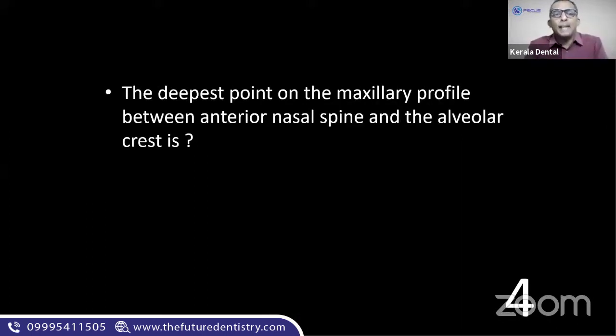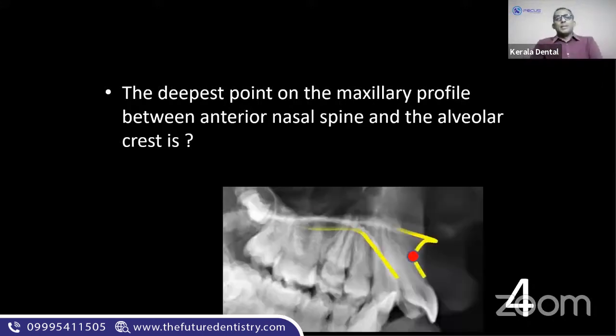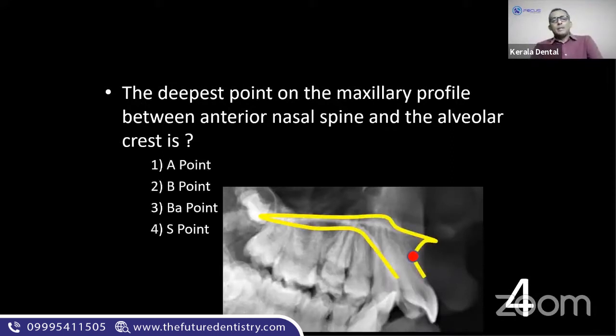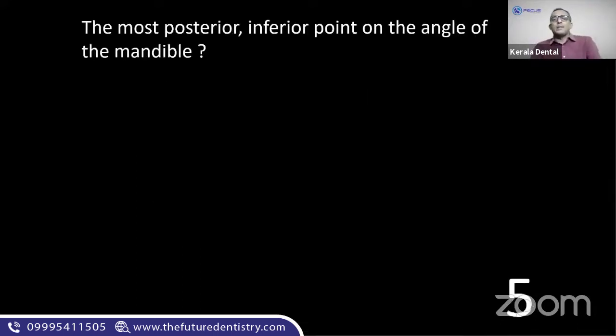Now, the deepest point of the maxillary profile between anterior nasal spine and the alveolar crest. We covered all that, guys. This is simple, but there are multiple ways they can put up the question. Once you get the concept that maxilla means A point, mandible means B point, things are very easy. These are the answers, and that's the correct answer.